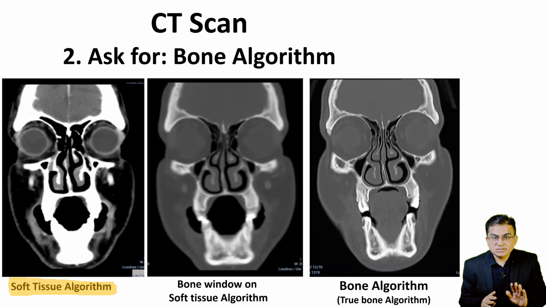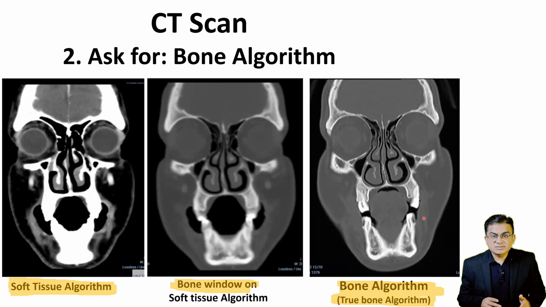That is not what we want. We want this, the true bone window algorithm image. It is acquired from the original raw data of the head and neck region by running it through a sharp high definition filter. That creates a completely separate set of images. This is the true bone algorithm.